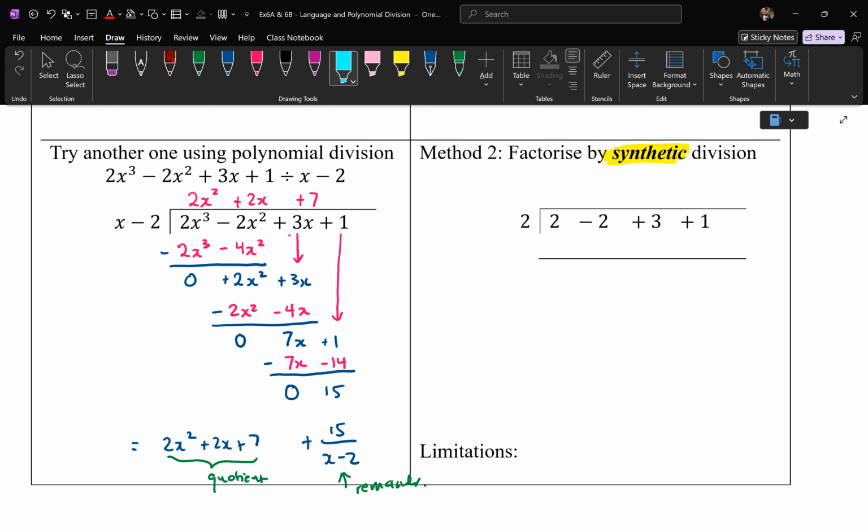Because of that, they decided to say, well, how about this? Ignore all the letters and just focus on the coefficients. That 2, negative 2, 3, and 1 is written here. 2, negative 2, 3, 1. So it simplifies the whole algebra component part.